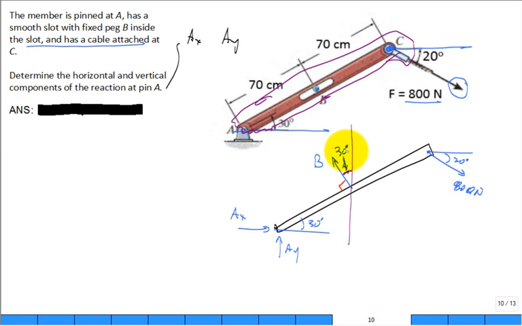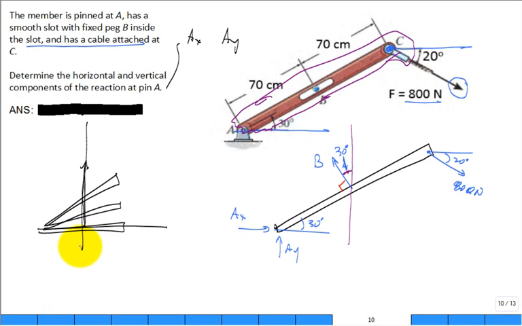There's a lot of ways to do it. Let me describe one way that I do it conceptually. If I took that member and I kept moving it downward, downward, downward, and I laid it flat on the ground, then this angle for the direction of B and the vertical would be coincident.